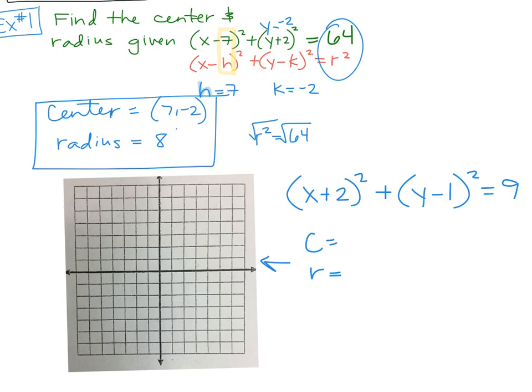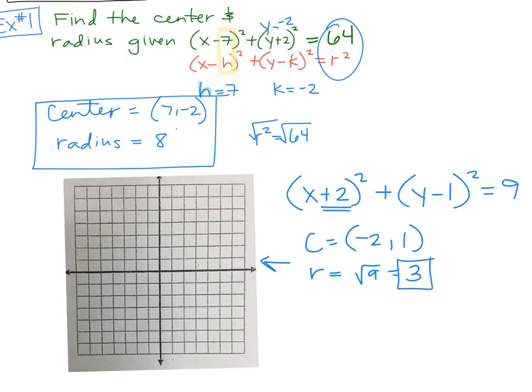What's the center of this one? -2, +1, right? So this is going to be a -2 because it's x minus a -2. But your y is positive. Y minus 1 means y minus a +1. And then what's your radius? 3. It's the square root of 9, which is 3.